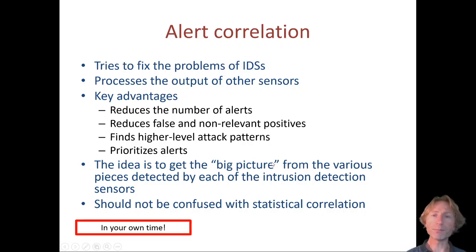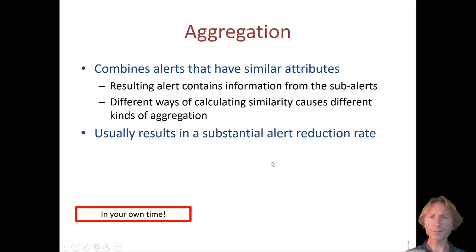So the idea is to get a big picture from the various pieces detected by each of the IDSs. And the thing that we're going to make use of in that set of slides, that I won't go through in great detail, this is really self-study, is the combination of alerts from different systems that have similar attributes. Okay, so that you can have one single resulting alert that contains information from all of these sub alerts, but perhaps has more interesting information as a result of that. Okay, and fewer of the total number of alerts.